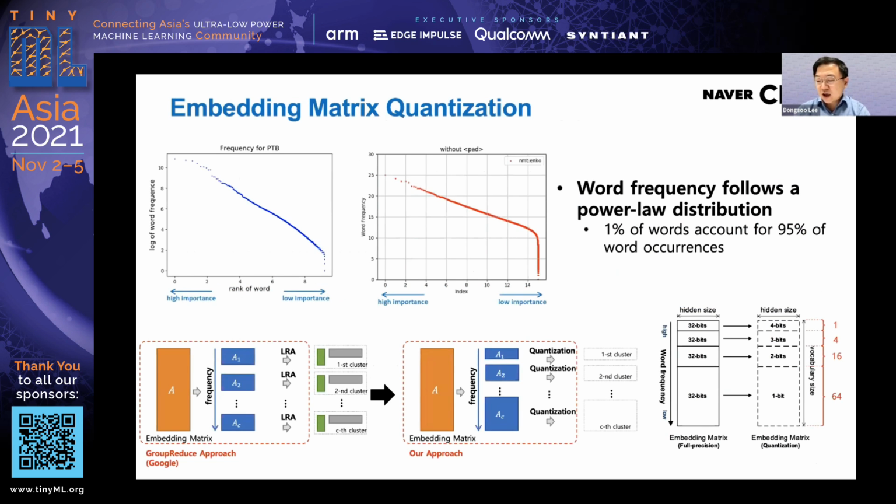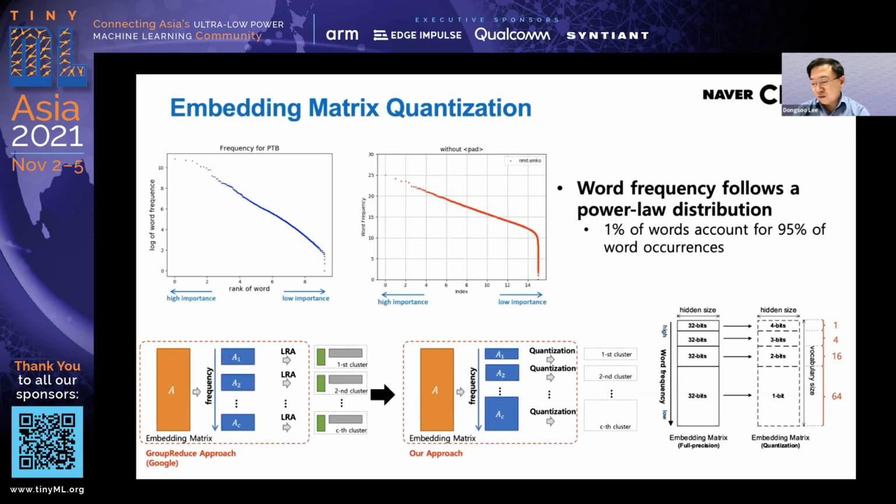So let's quantize embedding layers first. An interesting feature of embedding is that each word or token in a vocabulary has a greatly different frequency in a data set. What was previously achieved was to group tokens following a range of frequency in a data set and to apply a low rank approximation to each group. In our work, we follow a grouping as well, but each group is quantized with a different number of bits.